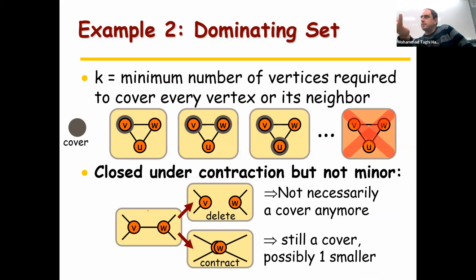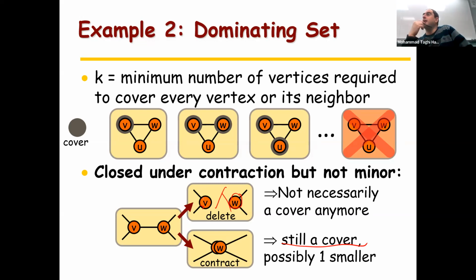Lots of applications. The motivation comes from this problem not being closed under minor, but being closed under contraction. If you contract a vertex, it is still a coverage because you didn't lose anything. But if you delete one vertex, this vertex might have covered another vertex, and because you deleted it, someone else should cover it.